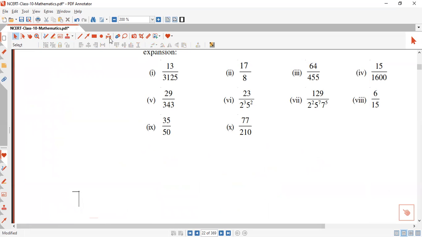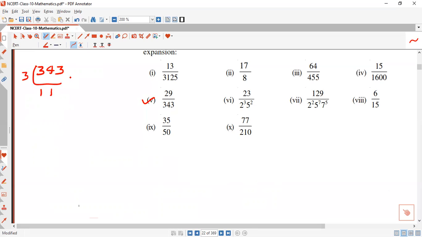Now, question number 5. 29 upon 343. 29 is a prime number. 343, we will divide by 3.